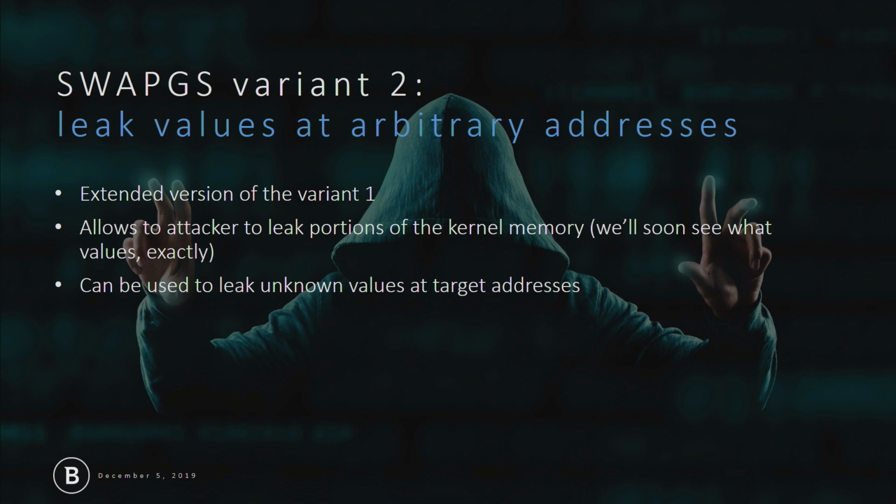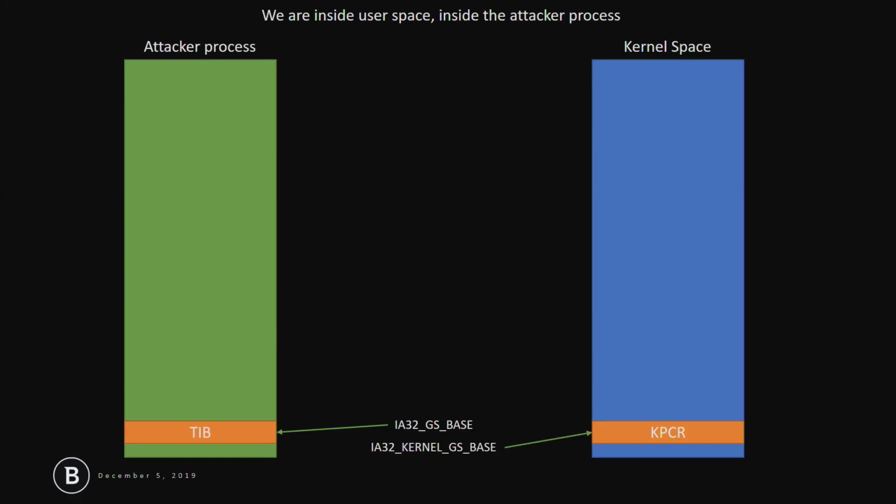So we thought about it, and we got to this extension of the first variant, which allows the attacker to potentially leak any other value from inside the kernel space as long as they resemble valid user mode addresses. And the attack is very similar to the first variant.